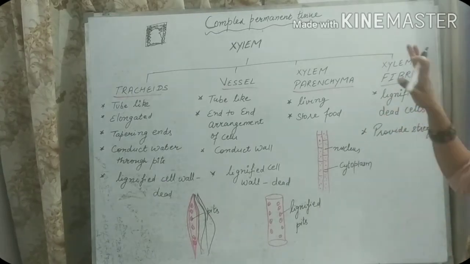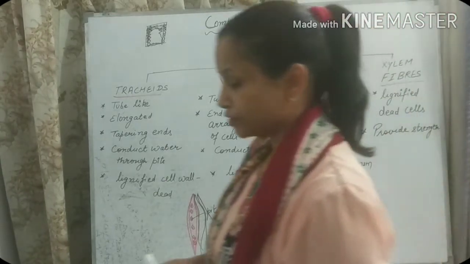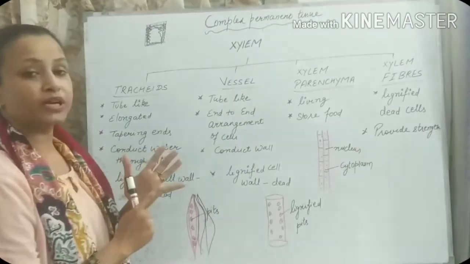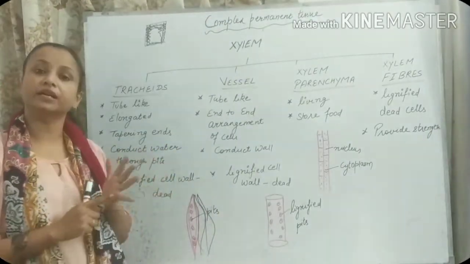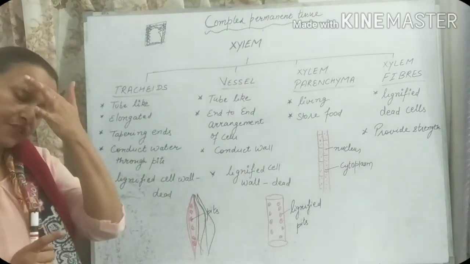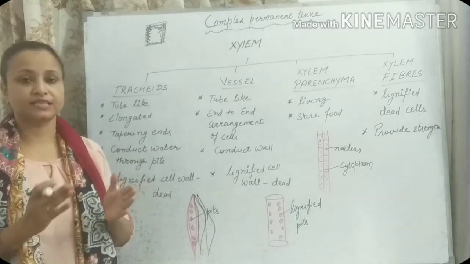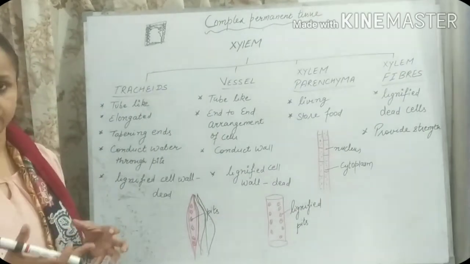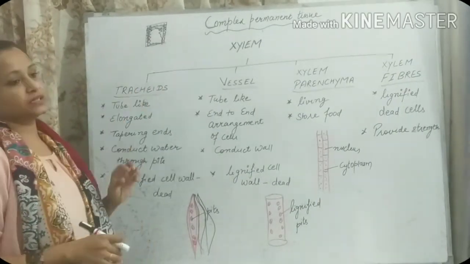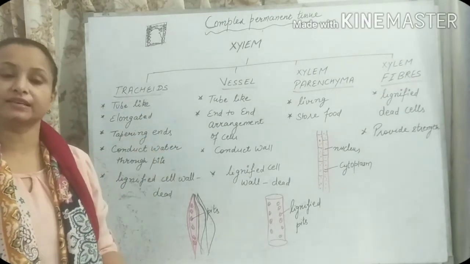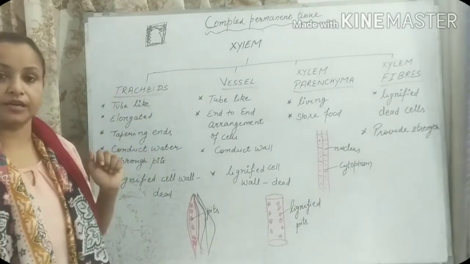Okay, so here the xylem tissue is completed, what we have read here. First of all, what is the function of xylem? Xylem conducts water and minerals from the root to the upper plant body, such as stem, leaves, etc. Generally the conduction of water in xylem is unidirectional, mainly in the upward direction.